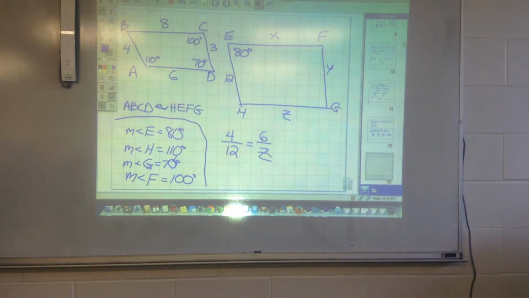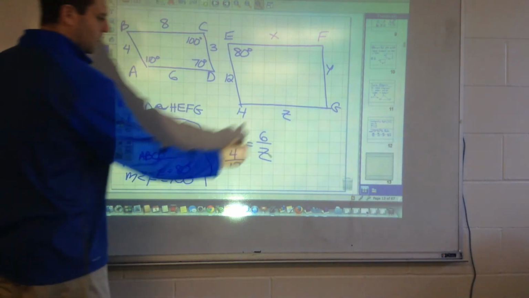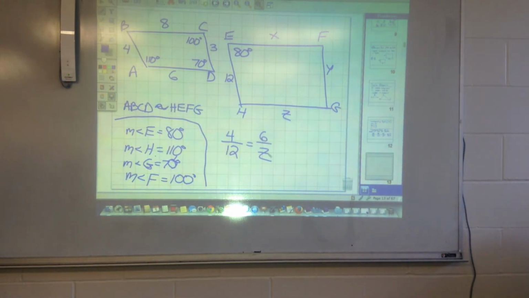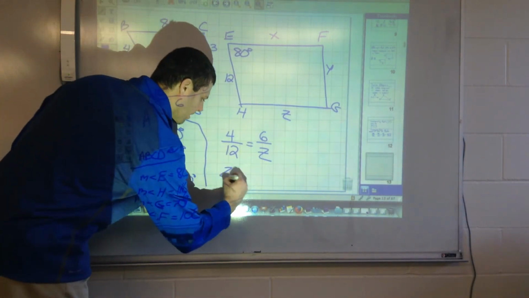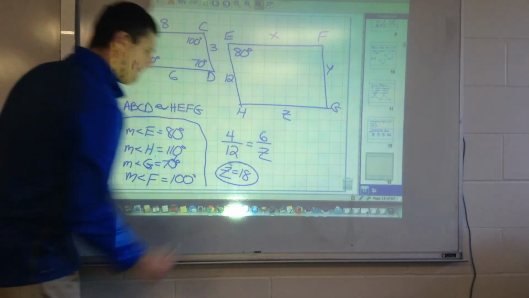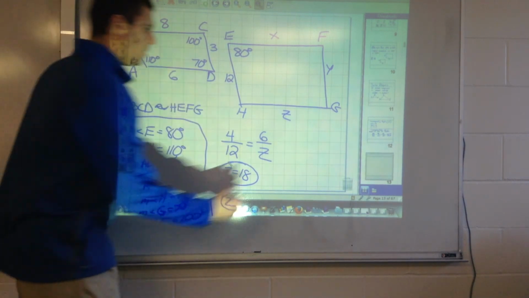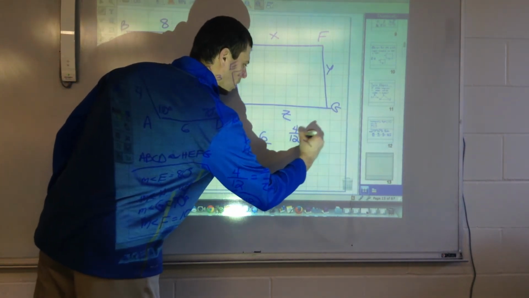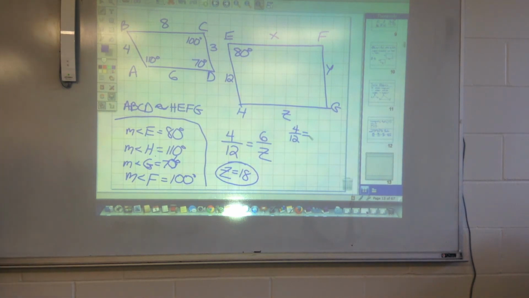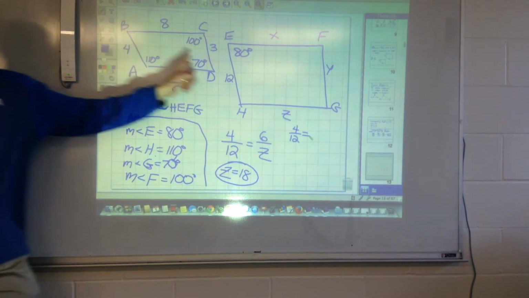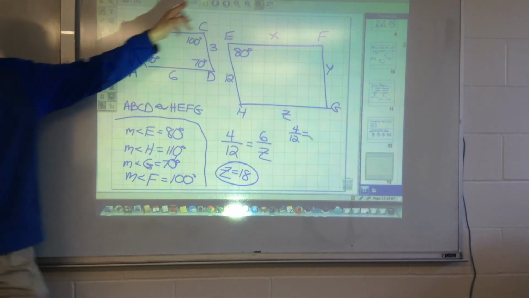Could you solve that for Z? Sure. 4 times Z equals 12 times 6. I believe Z would equal 18. Let's set up a proportion to solve for X. I'd always come back to this 4 to 12. 4 to 12 has to equal what to what? 4 to 12 has to equal 8 to X, right?